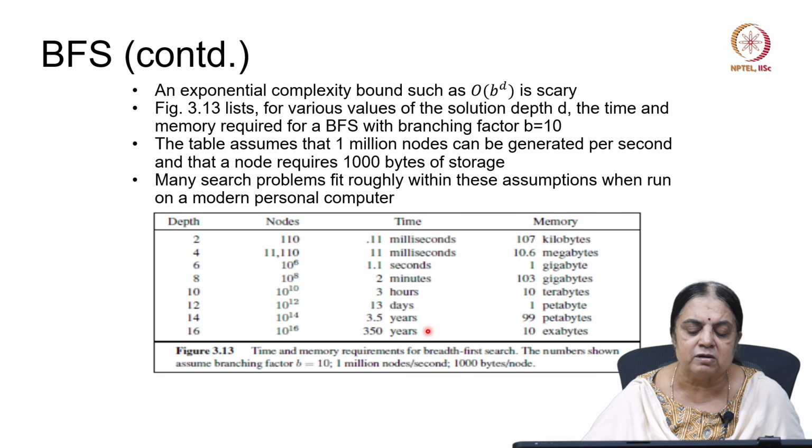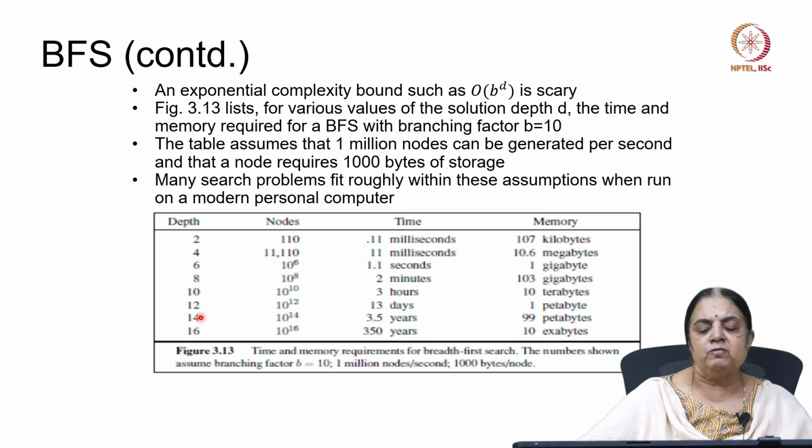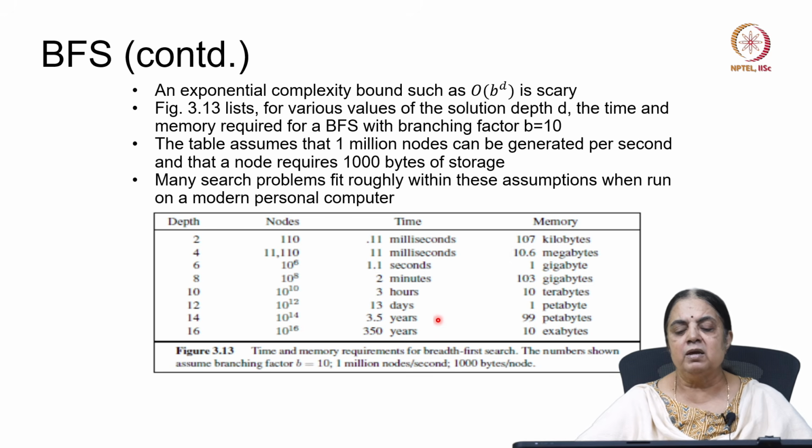So we can see that after some time, because of the exponential nature, you cannot have a very big graph, right. If you have a very big graph, you can't wait 350 years to get the solution to what you are looking for. And at the same time, the memory requirement, you need to store all these nodes, right.